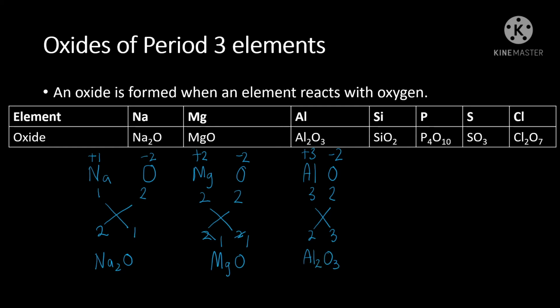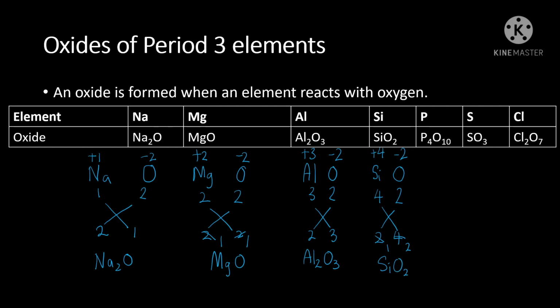And for silicon, it is a group 14 element, so the oxidation state is +4, and the oxygen again is -2, so ignore the charge, and when we cross, we get 2,4. Simplify, we get 1,2, so we get the oxide for silicon as SiO2.